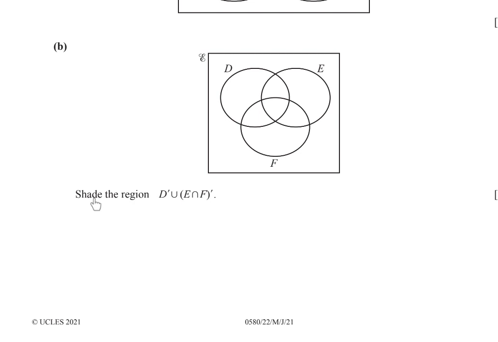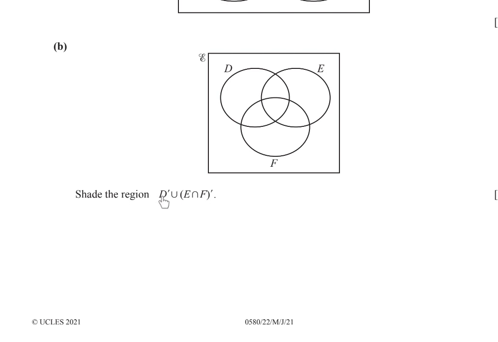For B, shade the region, not D, union, E intersect F, all not. So if you have union between two sets, shade this region and shade that one and leave all.